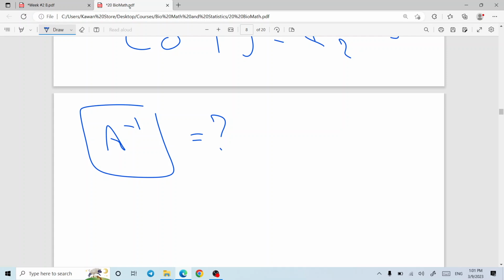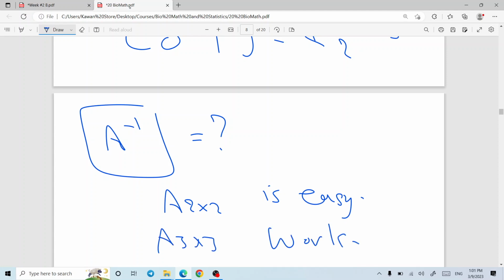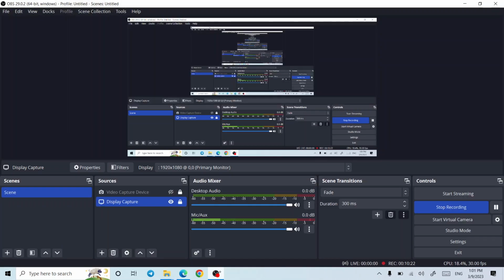How do we find it? So we have two methods. 2 by 2 is easy, but 3 by 3 needs work. It's not hard, but it needs work. Understood? So next lecture, we will try to get the idea about one of them or both of them.